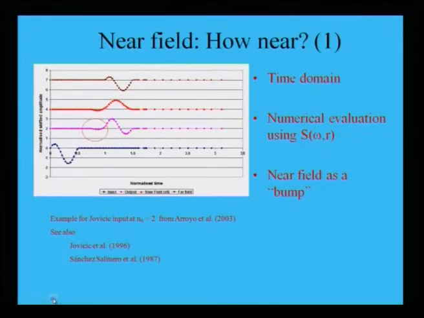Number 1, how near, near field means how near it is, that means time domain numerical evaluation and near field as a bump. You see, this is shown: how far it is near, normalized time with normalized shifted amplitude, how near it is your near field.